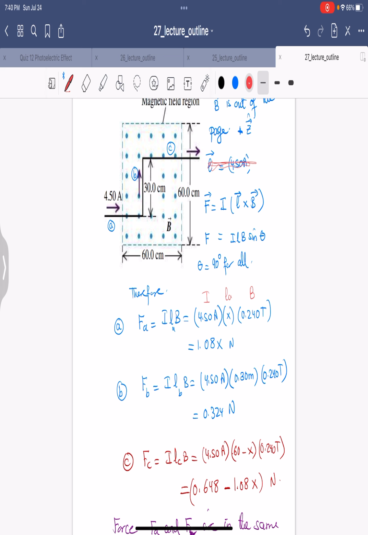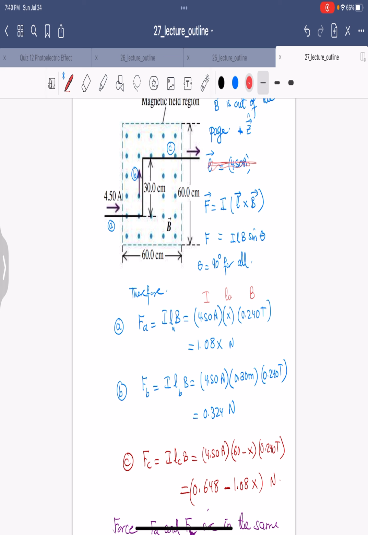When we add them, you are going to find that the x disappears, because it is 1.08x and here 1.08x, with opposite signs, so it cancels. Therefore the remaining term is 0.648 newtons, and the direction, if we look at it, is going down.